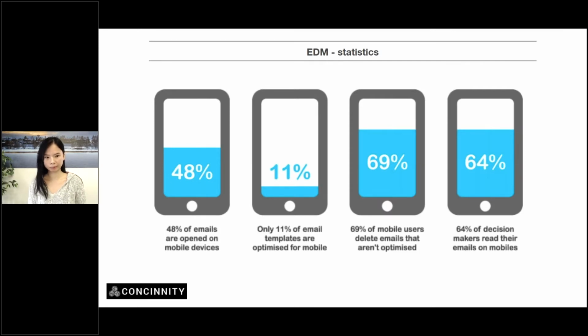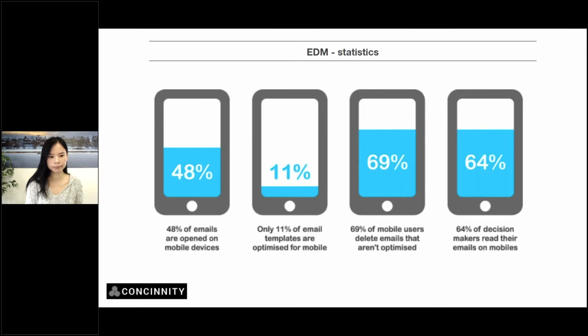Now, again, some of these stats mainly show that even for companies that do use email marketing, they don't keep mobile first, or they don't keep mobile in mind, right?